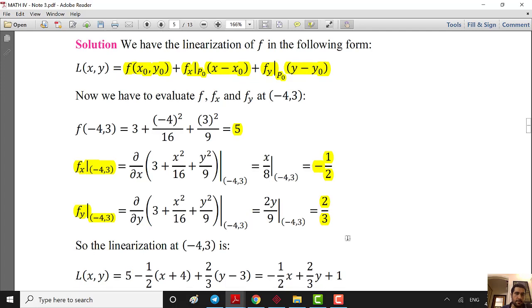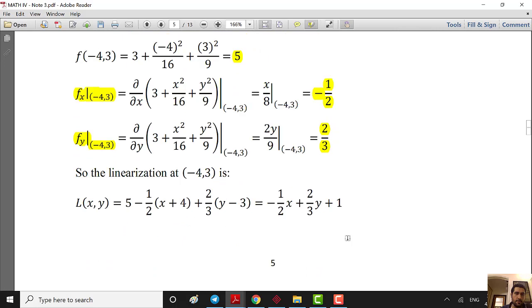So the linearization for the mentioned function at the point (-4, 3) is 5 minus 1/2 times (x plus 4) plus 2/3 times (y minus 3). And if we do the simplifications on this, we're going to reach this.